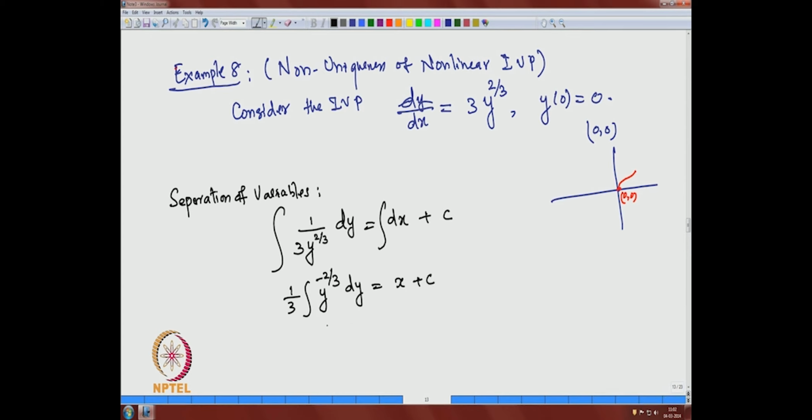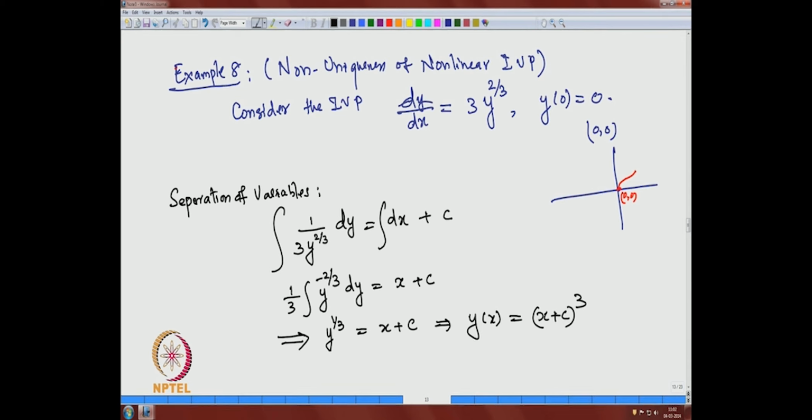So the integral of y^(-2/3) is y^(-2/3 + 1) divided by (-2/3 + 1), which gives y^(1/3) equal to x plus c. So this implies that the solution is given by y(x) equal to (x + c) the whole cube.